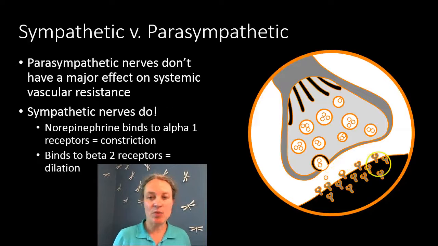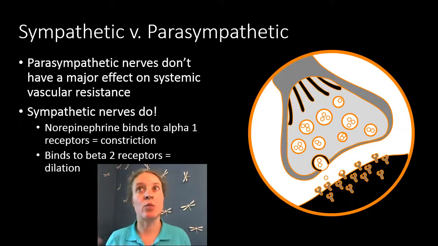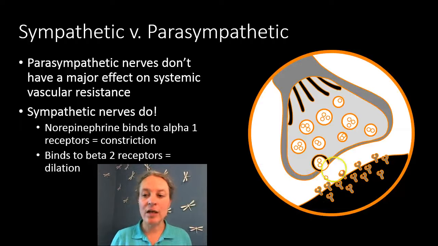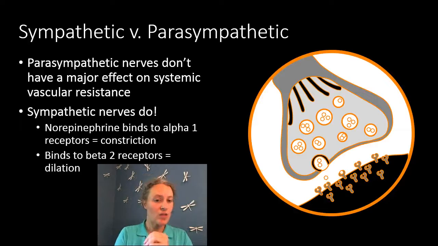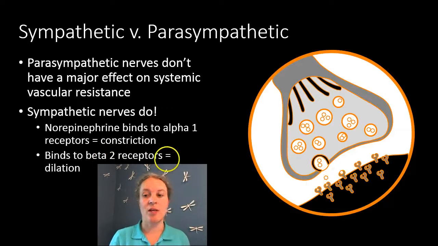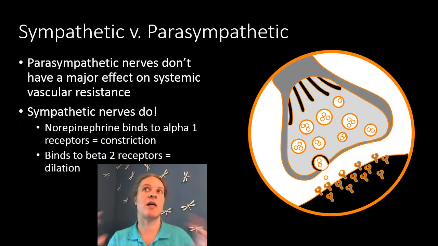And which receptor is present on the tissue affects what's going to happen. So when you have alpha-1 receptors, the blood vessels are going to constrict. And this is what most of the blood vessels have. So most blood vessels, when you're in fight or flight mode, are going to get more narrow. Not all of them. Some blood vessels have beta-2 receptors, and in that case, they would dilate.